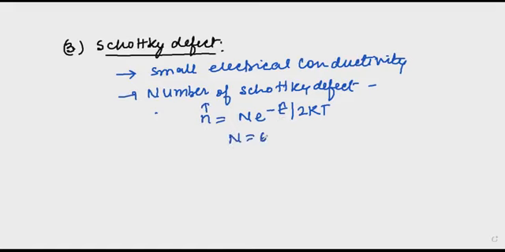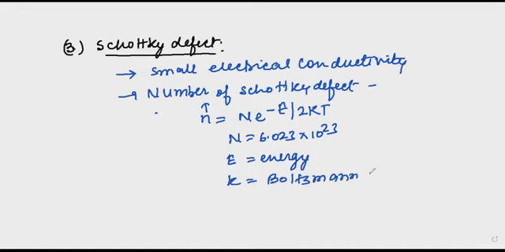N means Avogadro's number 6.023 × 10^23. E is energy. k is Boltzmann constant. Its value is 1.38 × 10^-23 joule per Kelvin. Clear? So these are the main points of the Schottky defect. You must know that. And after that we are coming to the next one.